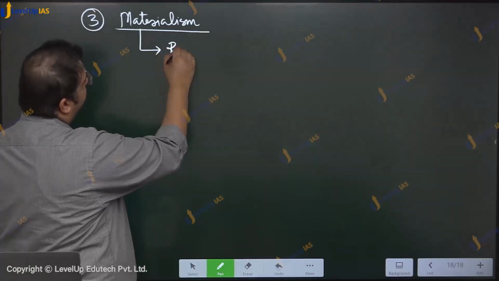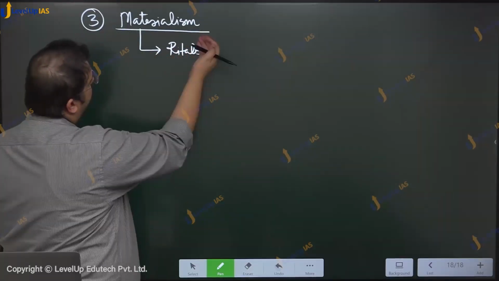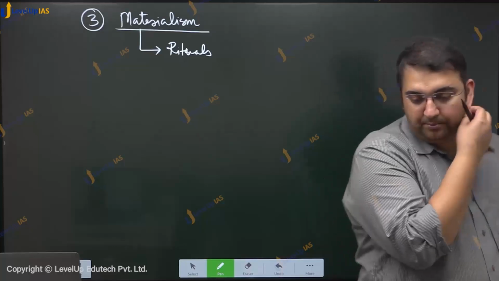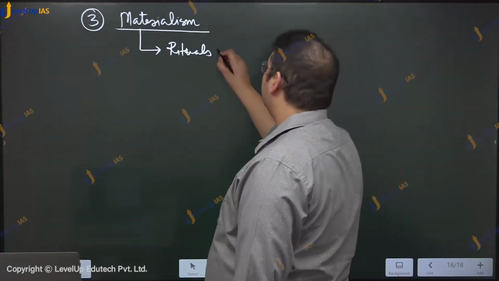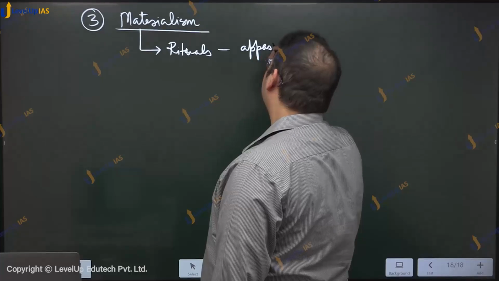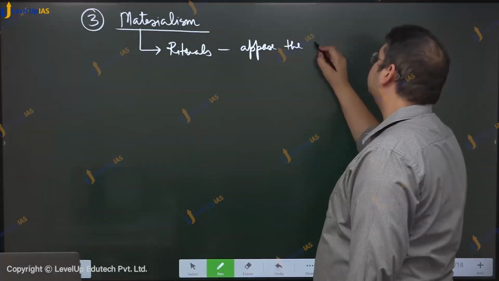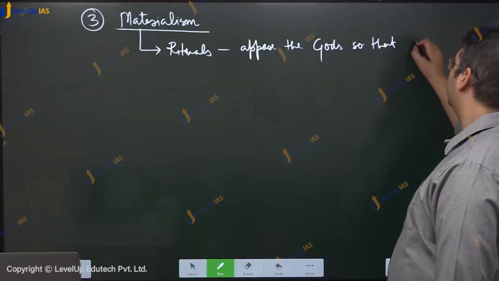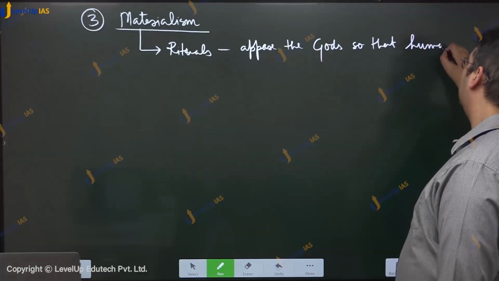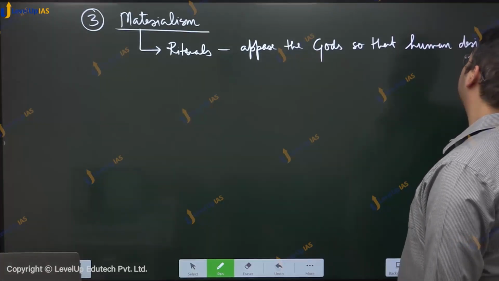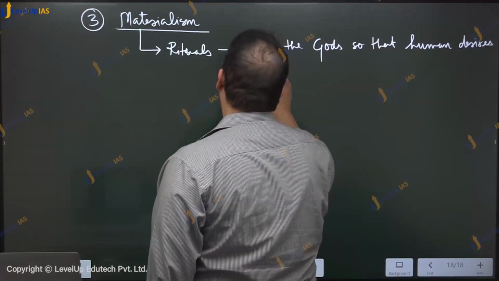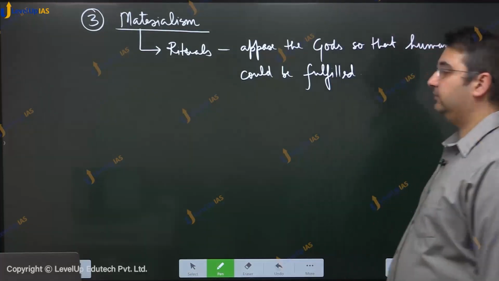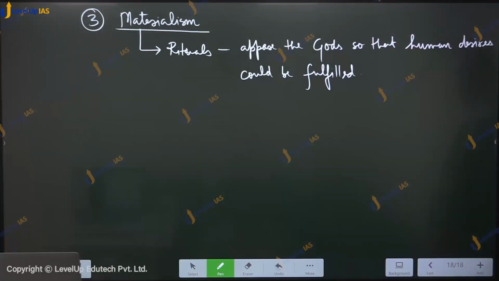Different rituals were meant to appease the gods so that human desires could be fulfilled. ठीक है?